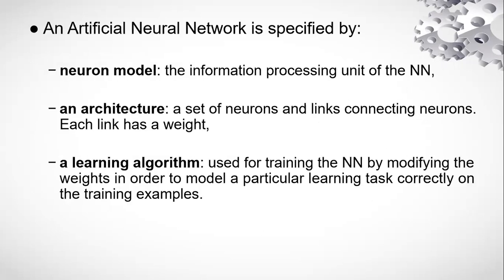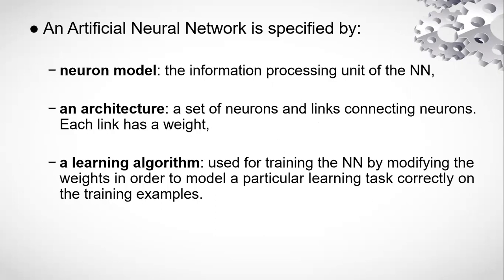Now, when I say artificial neural network, I hope up till now you must have gotten a basic idea of what an artificial neural network is. A neural network is defined by three things. First is the neuron model, which model it follows. Second, the architecture, and third, the learning algorithm.